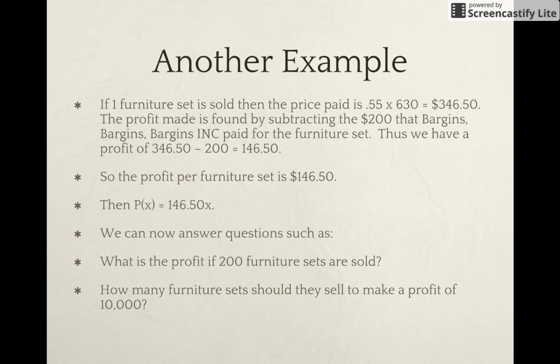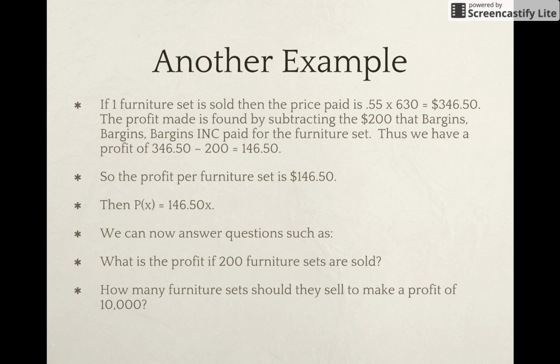If one furniture set is sold, then the price that's going to be paid is 55% of the regular price. That's 55% since the furniture sets are currently 45% off.